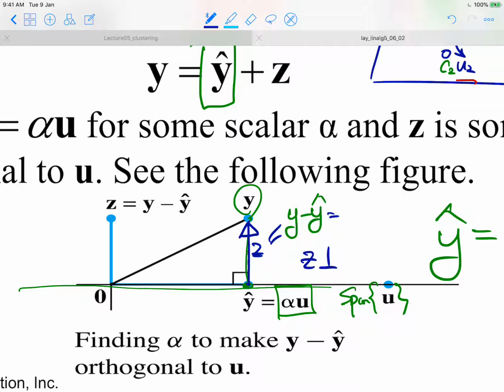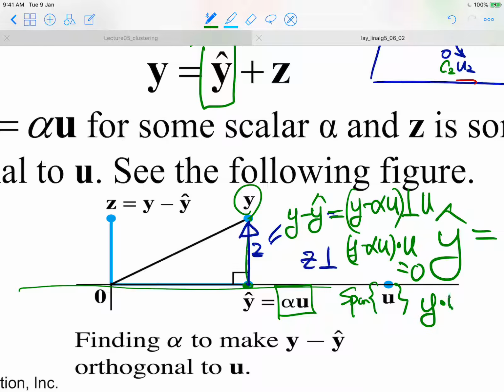And this guy is y minus alpha u, and this guy should be orthogonal to u, right? And so y minus alpha u, dotted with u, should be equal to 0, and so y dot u over u dot u is our alpha, or linear combination coefficient, right?